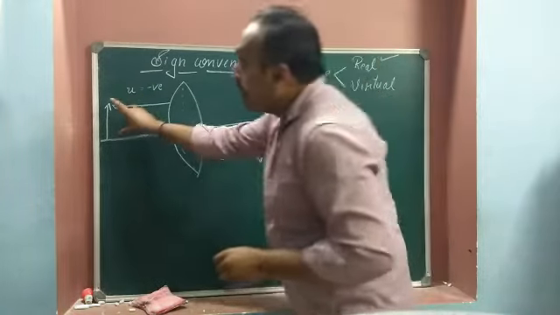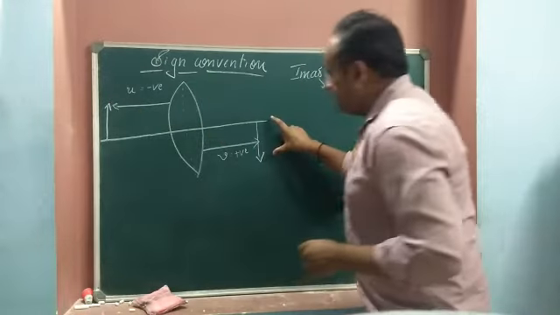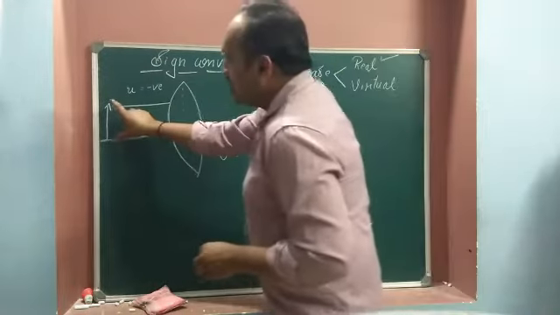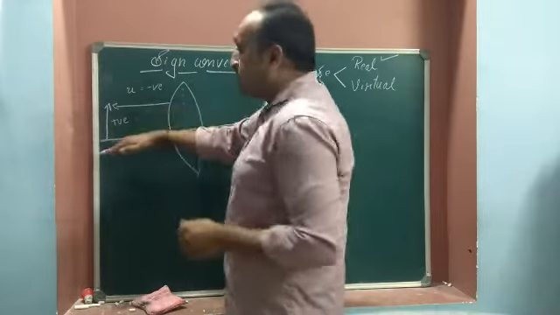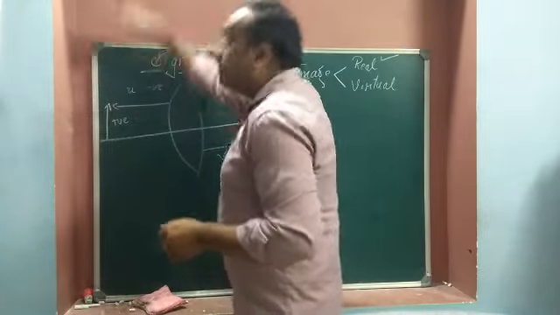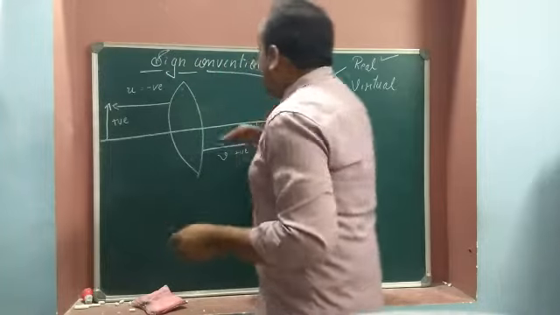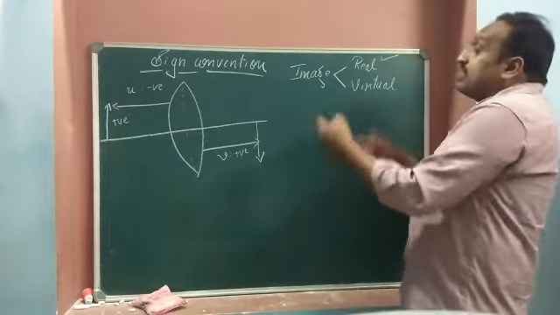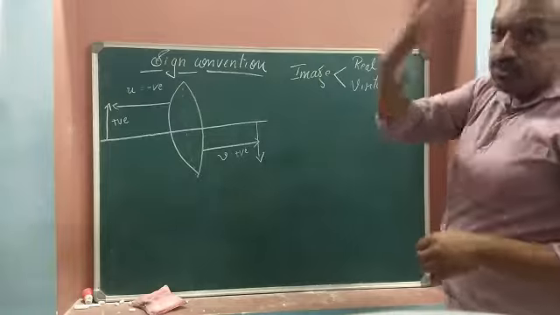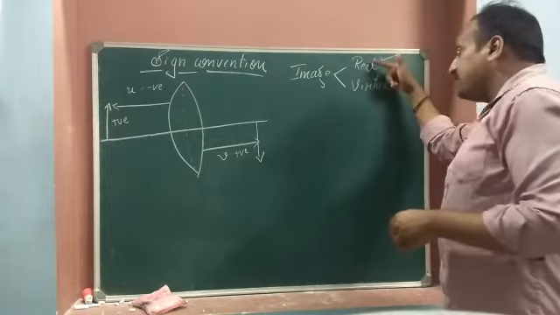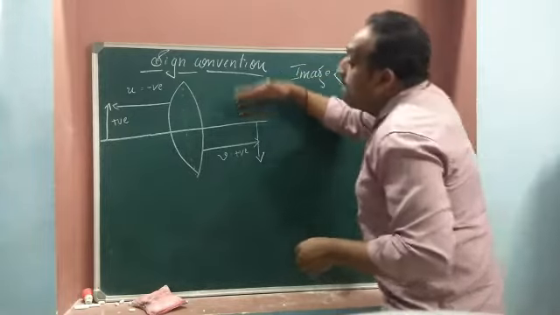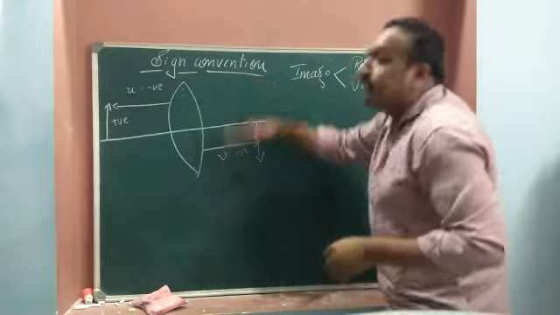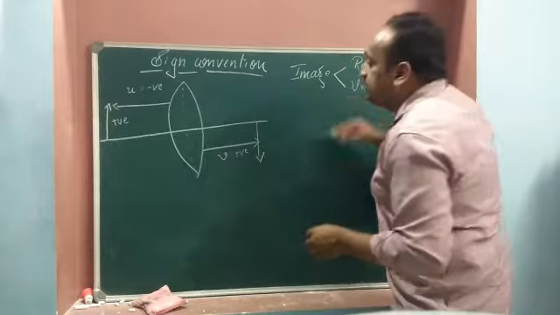Now comes the object height and image height. The object height will always be positive. Why? Because it is above the principal axis. And here also once again when it comes to the image, there are two kinds of image, real image and virtual image. Real image will always form below the principal axis.